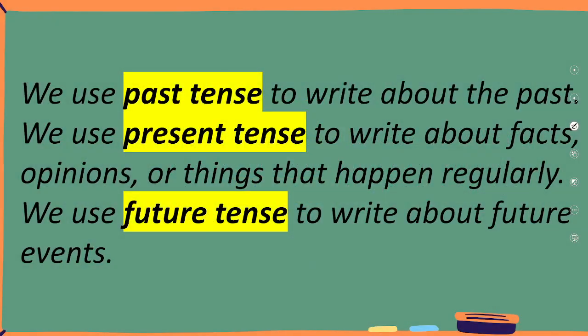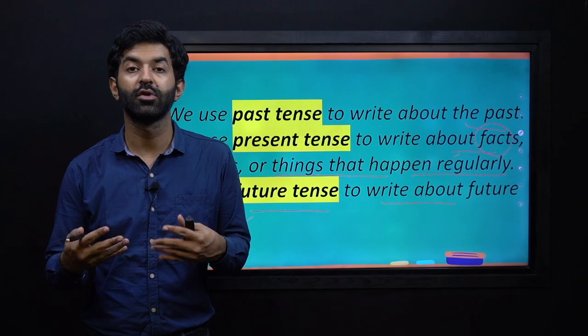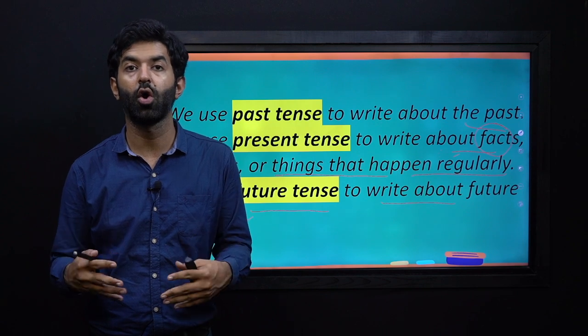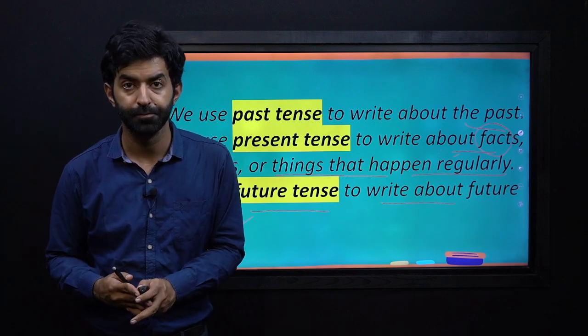We use past tense to write about the past. We use present tense to write about facts, things that are proven. We can also use it for opinions or things that happen regularly, like a routine or a habit. So in order to show these things, you can use present tense. And we use future tense to write about future events, things that will happen in the near future or distant future as well.